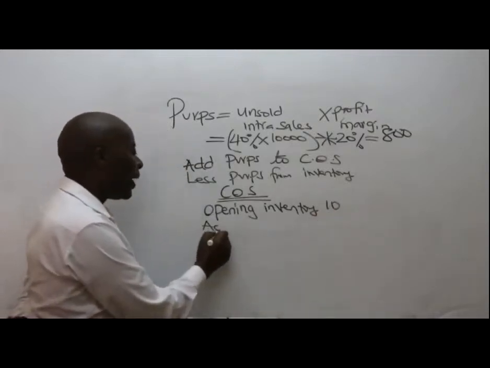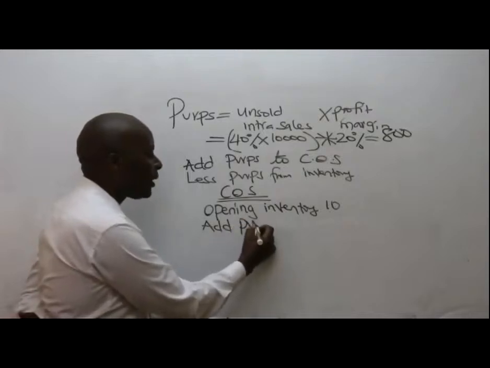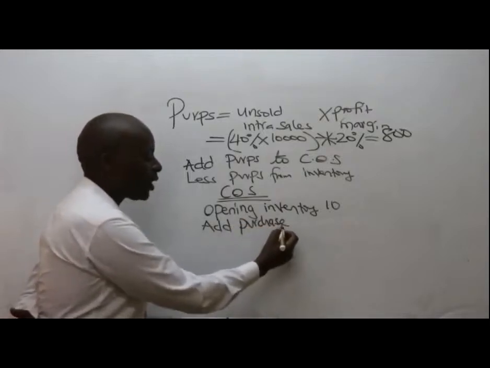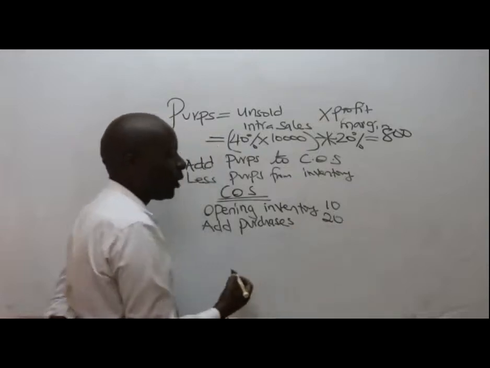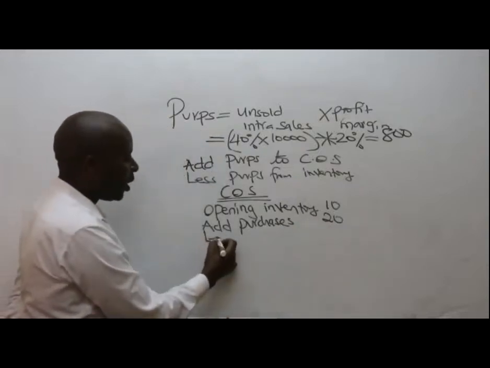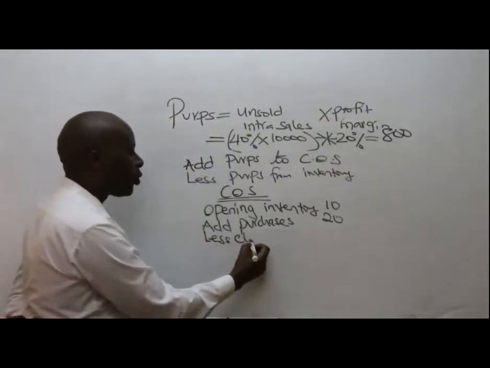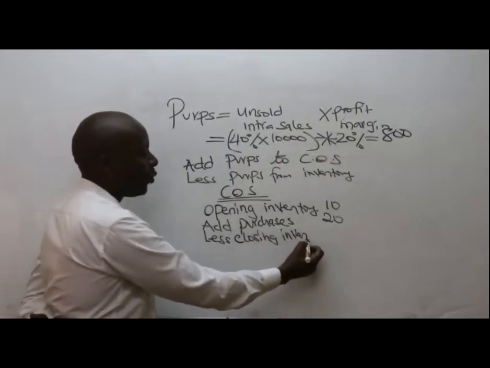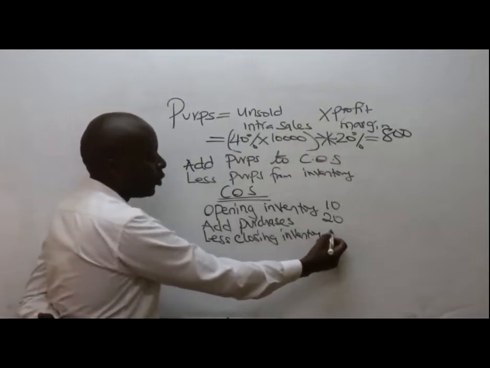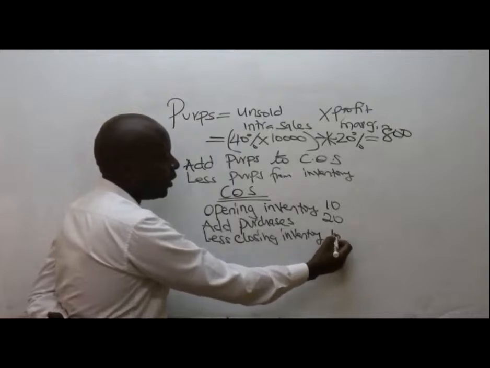And then we add purchases. If it's just a merchandise firm, we add purchases. Perhaps in the year we purchase 20. And then we less closing inventory, of, for example, 5.